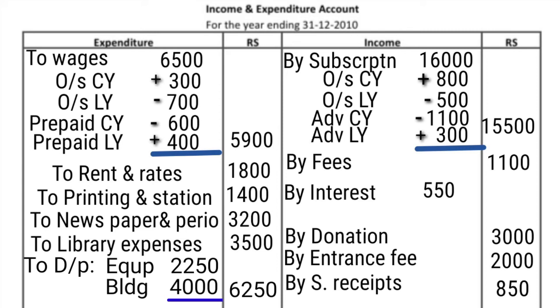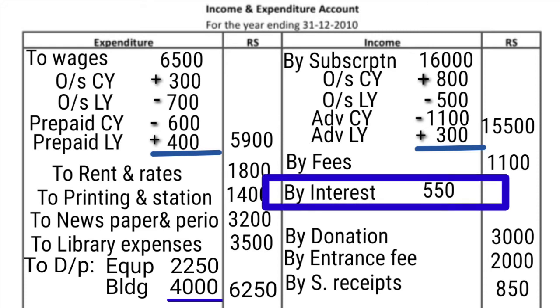Now all the adjustments in additional information we entered. But here one more adjustment is there, that is interest on fixed deposit. Here interest we entered in the inner column of the income and expenditure account. That means there is some adjustment.